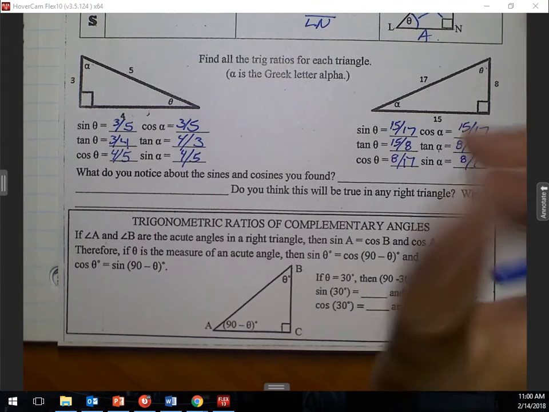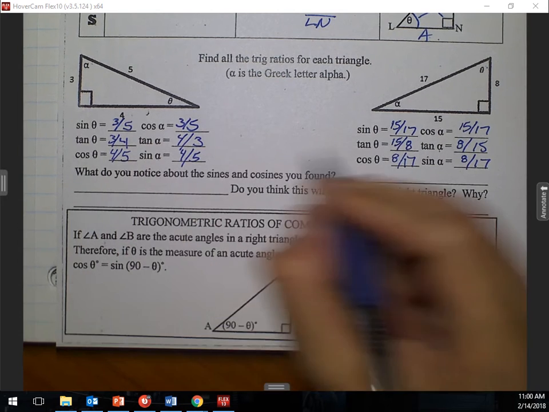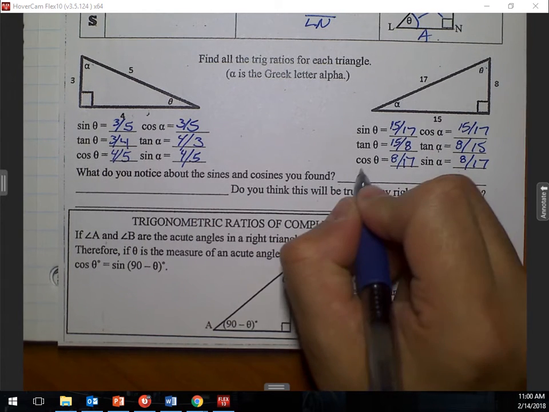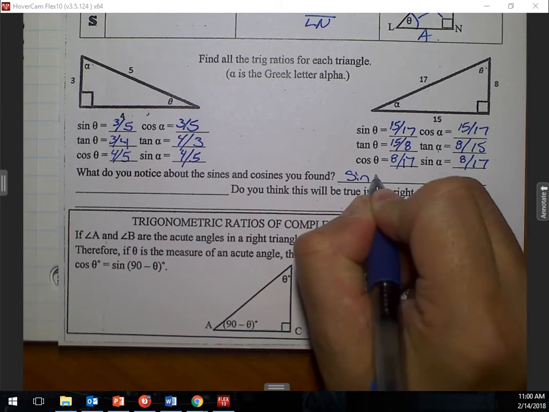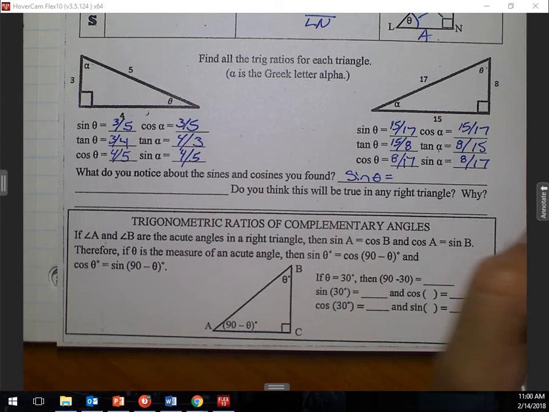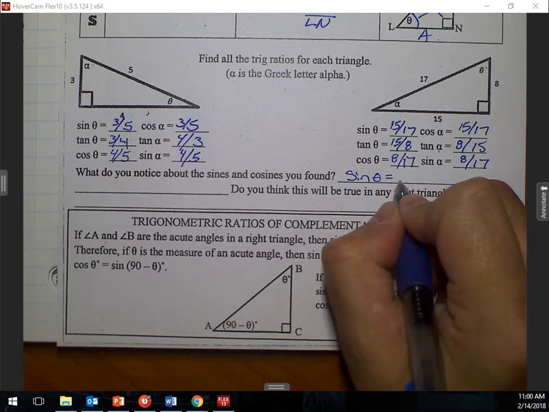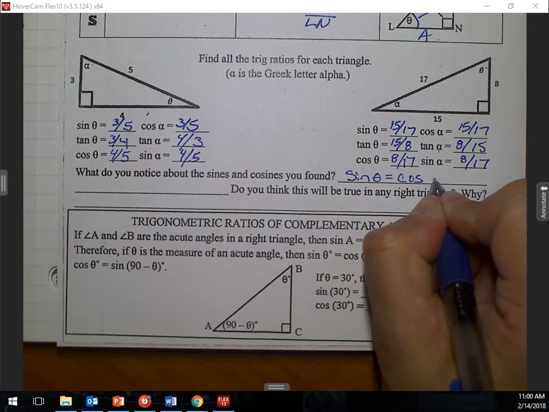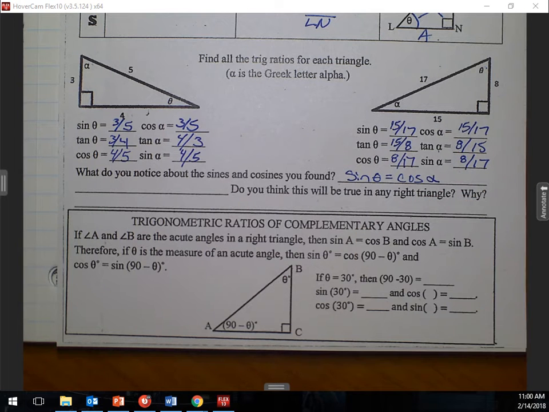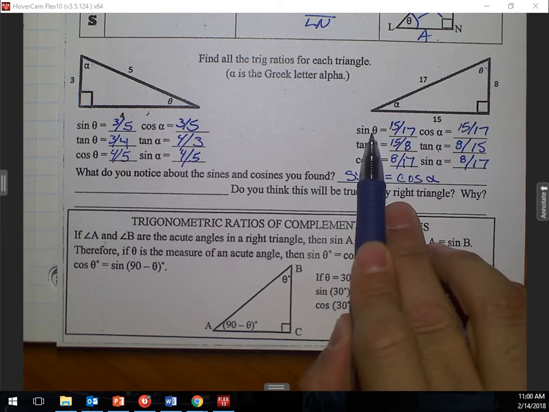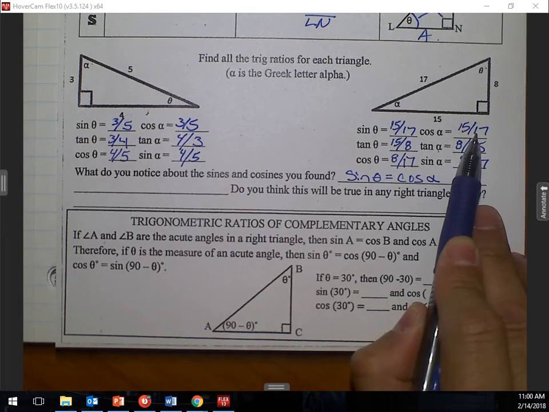So we could say that sine theta is equal to cosine of alpha, right?